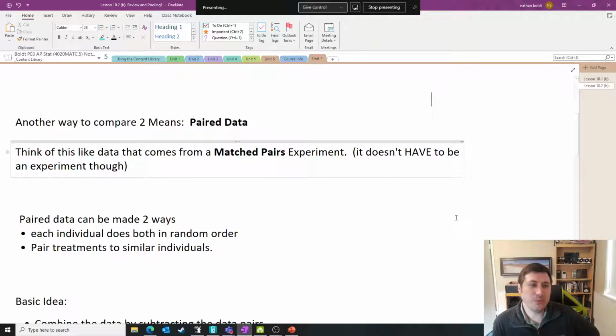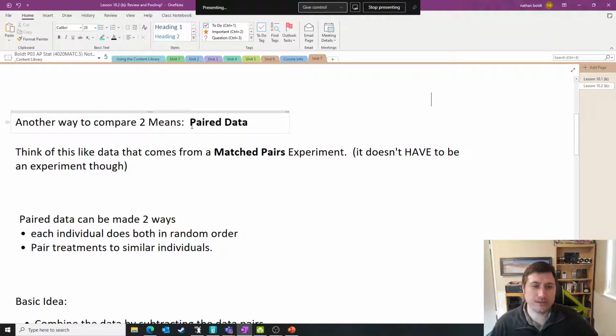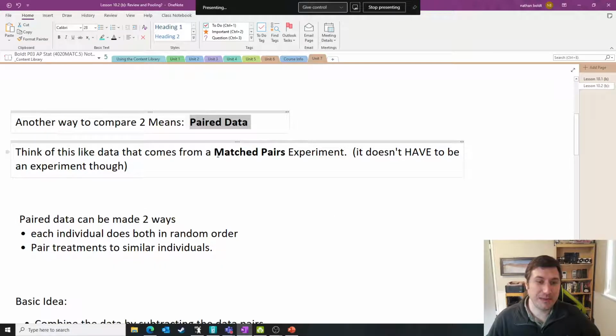So another way to compare two means from two different samples is if you can somehow pair the data. If you have paired data, then you can do this procedure. Think of this like data that comes from a matched pairs experiment.